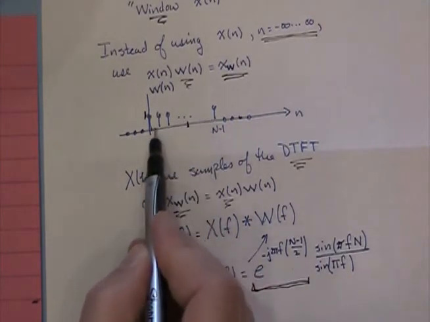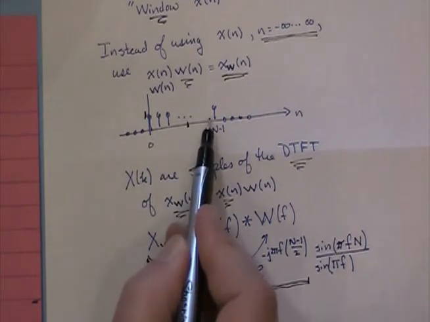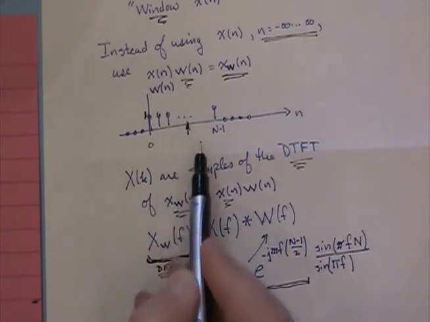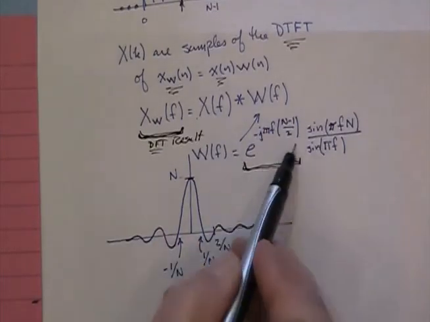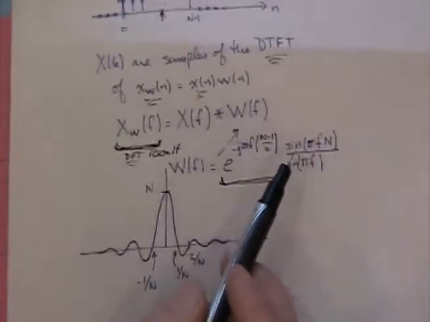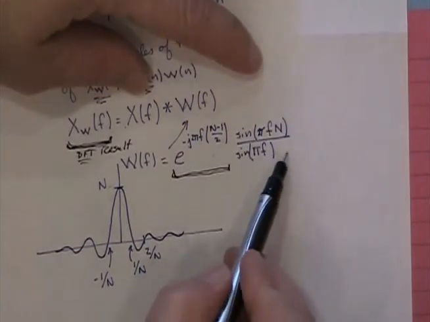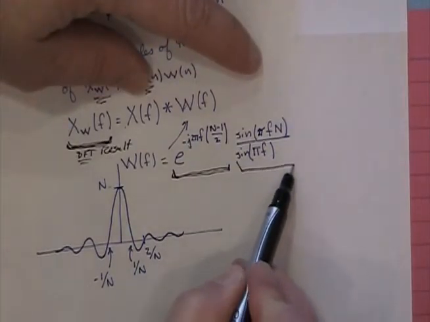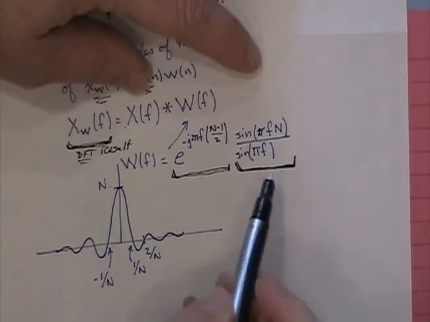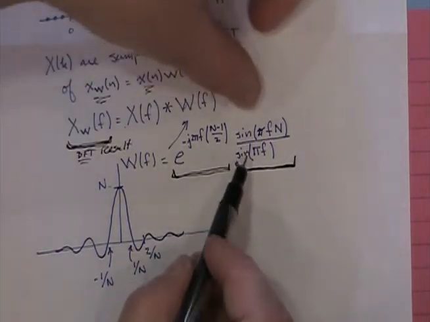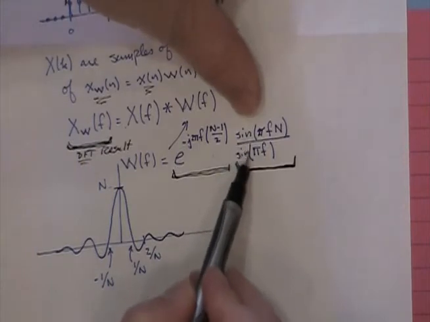That's the center of this region, and this pulse that we're talking about is symmetric around that point. So my transform ends up having that phase shift that goes with it. That's just a time delay. And then this part over here is pretty much what you'd expect from the transform of a rectangular pulse. It's a real part of that transform, and basically it looks like a sine x over x.